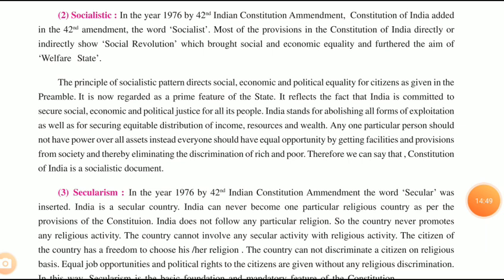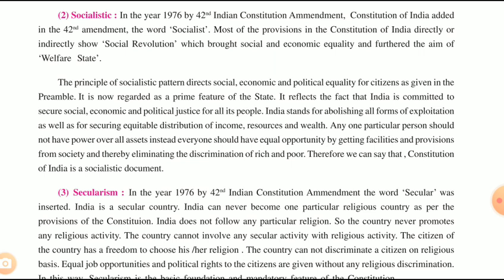The word socialist was added as an amendment to our constitution in 1976. This was the 42nd Indian Amendment. Amendment means a change. So the constitution adopted a change as the word socialist was added. Based on this socialist concept, all Indian citizens are given equal importance based on social, economic, and political equality.